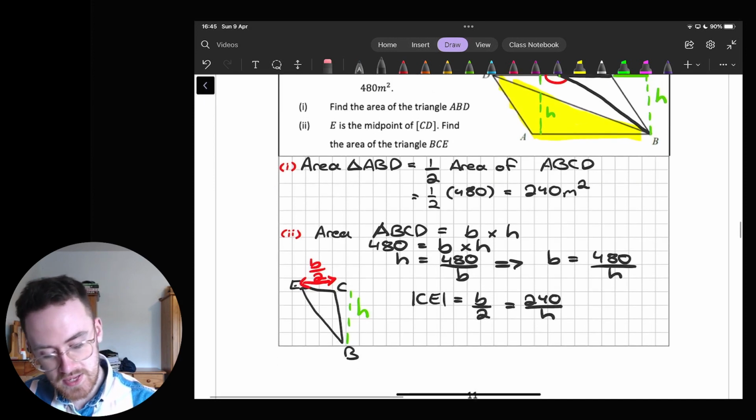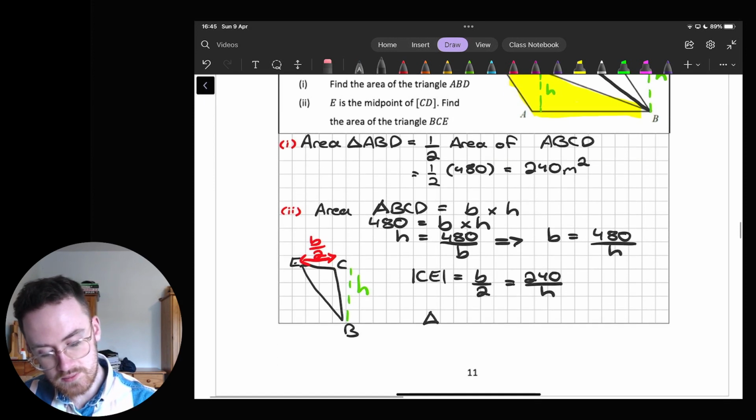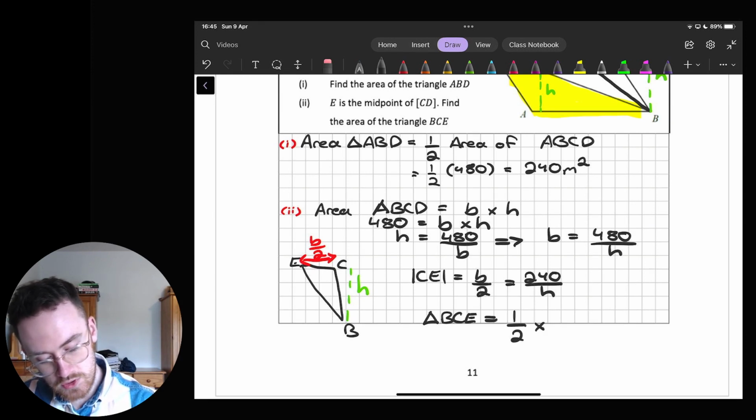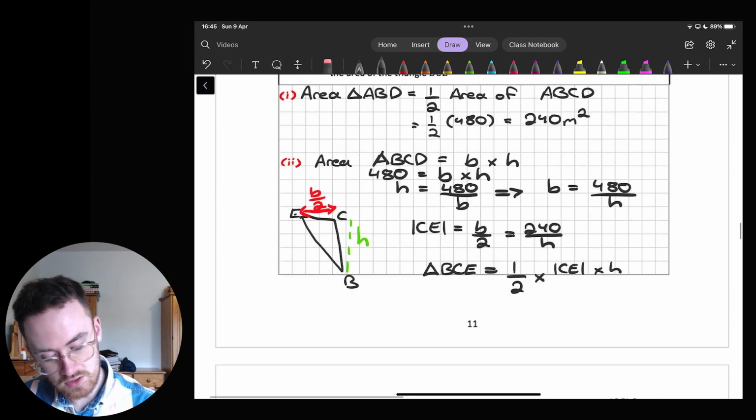Then the area of my triangle BCE is going to be a half multiplied by the distance from C to E, which we're taking to be the base, multiplied by the perpendicular height, which is the same perpendicular height we had already.